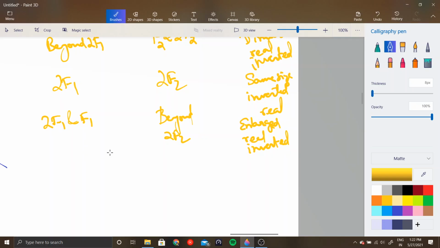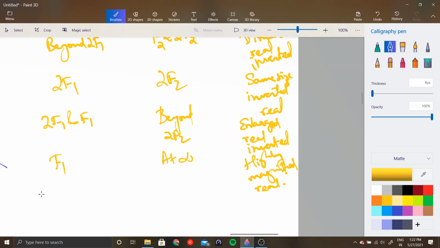At f1, the image is at infinity, and it will be highly magnified but perceived as point sized, real. Since it is at infinity, we can't comment on erect or inverted.